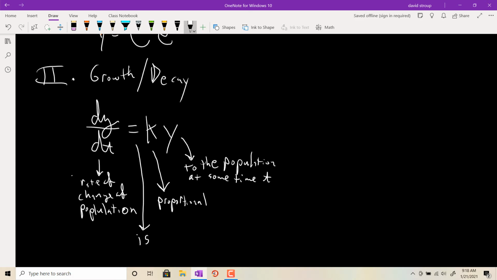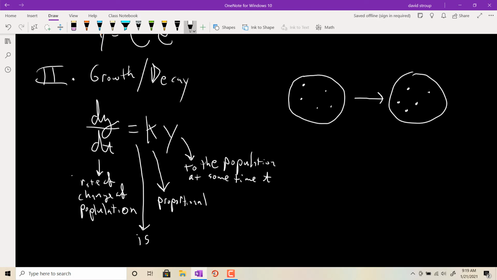Okay, this kind of makes sense. You can think of it in terms of fruit flies, which maybe some of you studied in high school in biology. So you have a population of fruit flies, and the growth rate is proportional to the number of fruit flies you have. Right, so if you have some fruit flies, over time you're going to have more fruit flies, right?